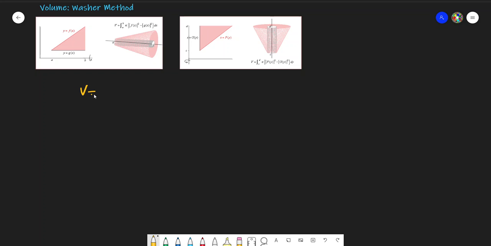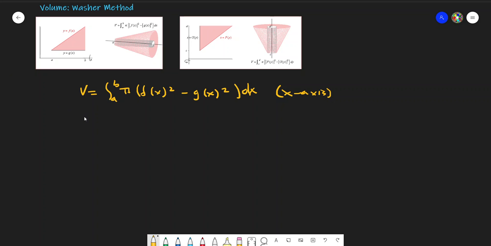So we know that the volume using Washer's method is the integral from a to b of pi times f of x squared minus g of x squared, times dx. But this is with respect to the x-axis, okay?